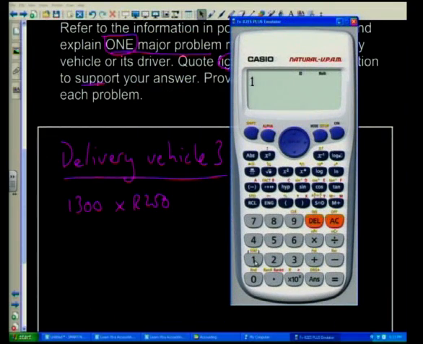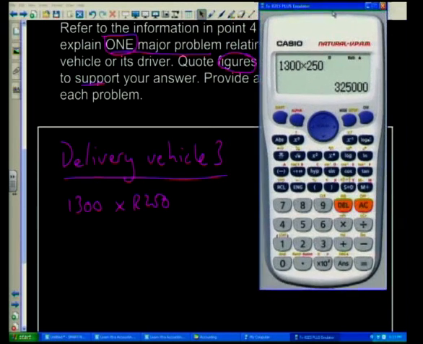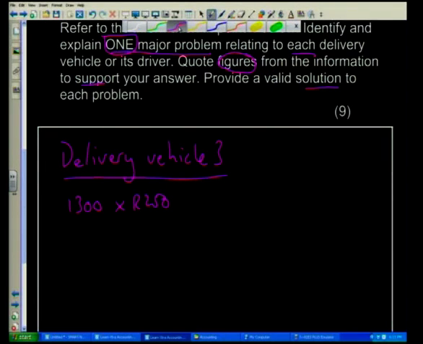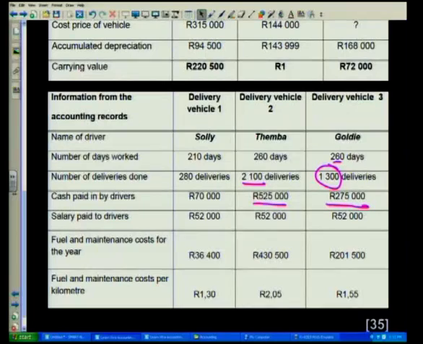This driver did 1,300 deliveries at 250 Rand per delivery. This came to 325,000 Rand. Let's write that down here. So Goldie should have brought in for us 325,000 Rand. However, if you look at the information, the cash that she paid in was only 275,000 Rand. Here is a problem.